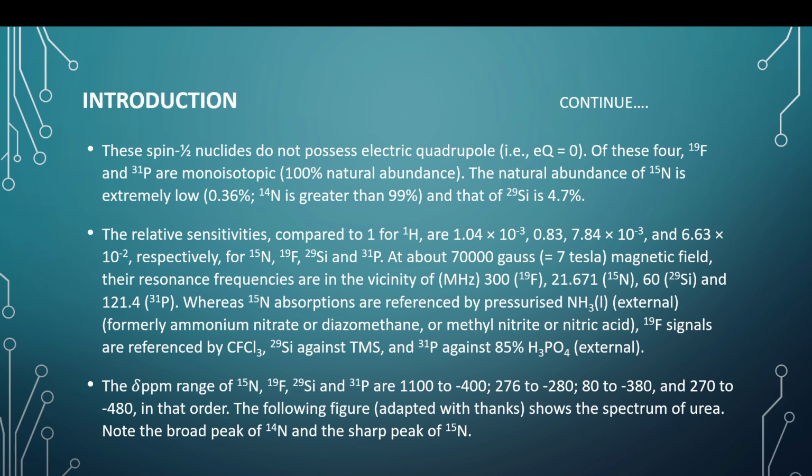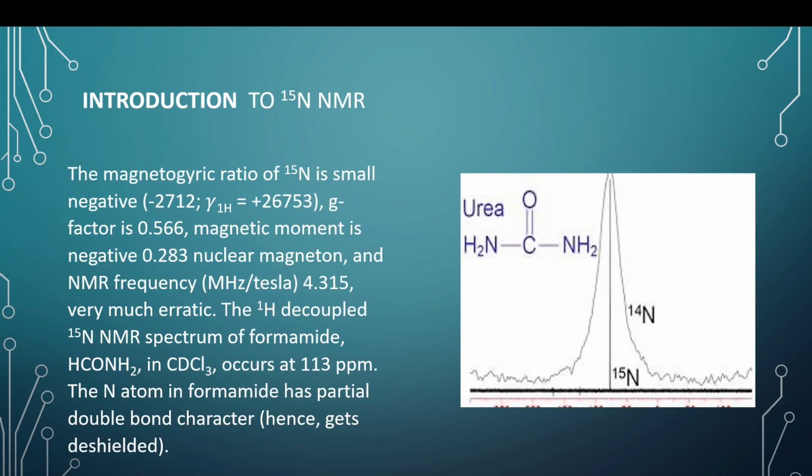The following figure, adapted with thanks, shows the spectrum of urea. Note the broad peak of 14N and the sharp peak of 15N. The magnetogyric ratio of nitrogen-15 is very small and negative, minus 2712, as compared to plus 26753 for hydrogen.